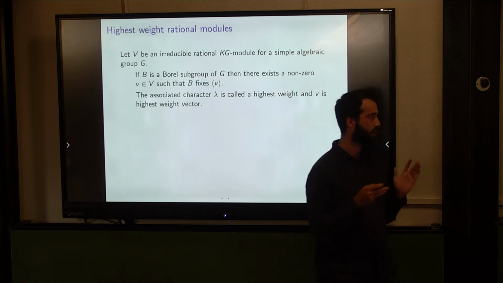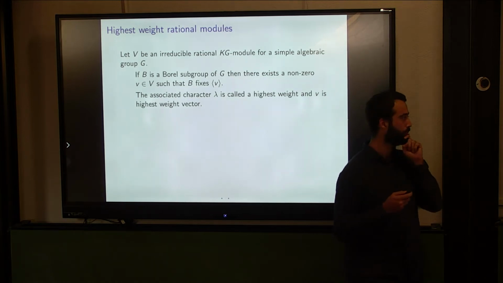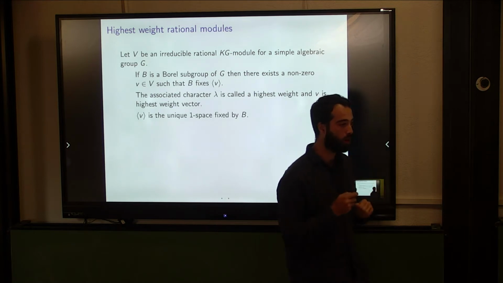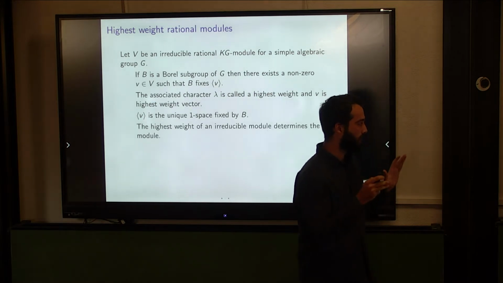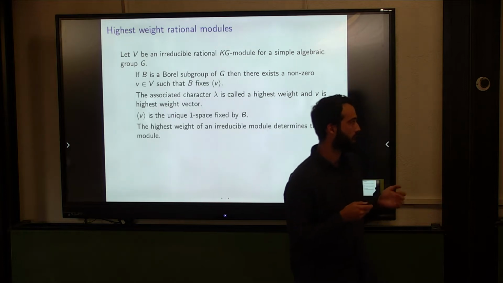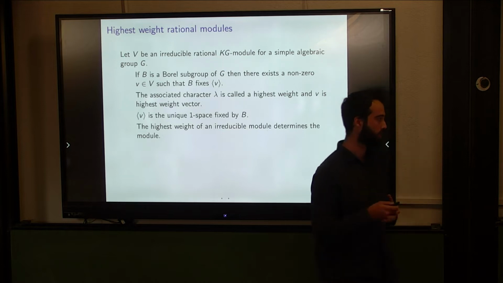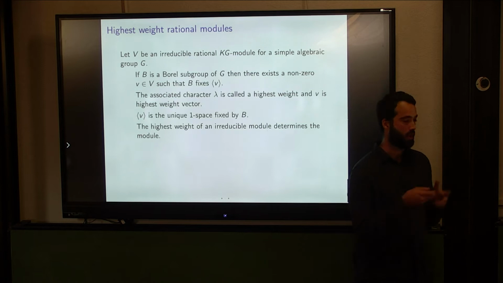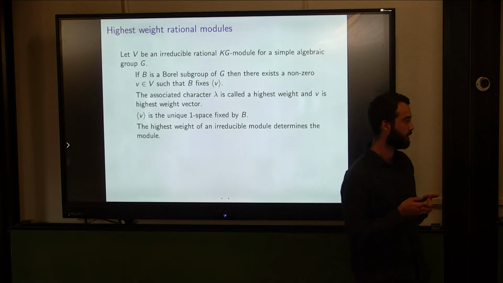This character is called the highest weight, and your vector v is a highest weight vector. It turns out that this is the unique one-space fixed by your Borel, and essentially this highest weight completely determines the module, in the sense that irreducible rational modules are parameterized by these highest weights, and two modules are isomorphic if and only if they have the same highest weight.